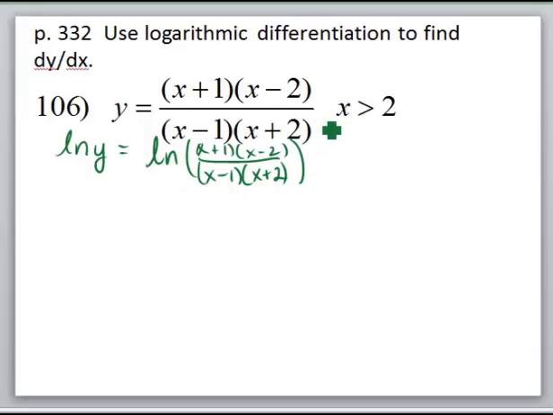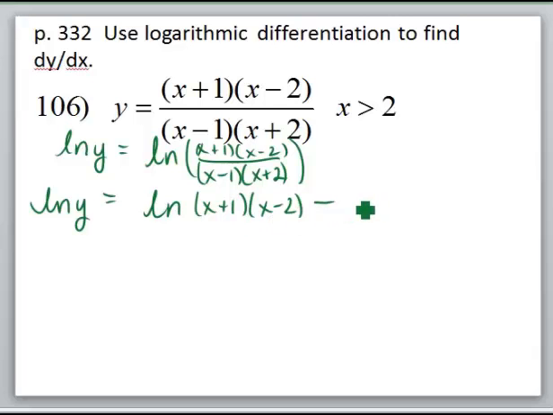So the rule I'm going to be using in this case happens to be that I can separate these by subtraction. Then what I now have is I can separate the x plus 1 and the x minus 2 by addition.